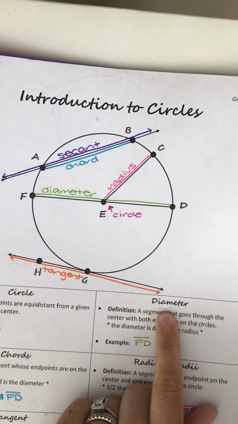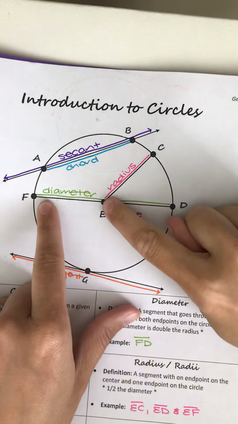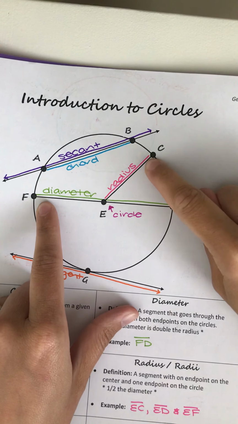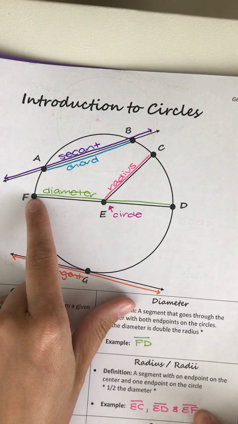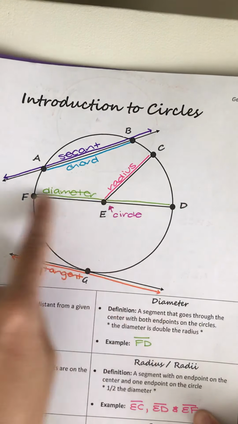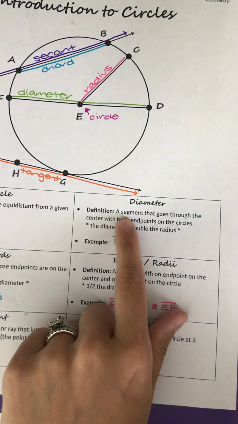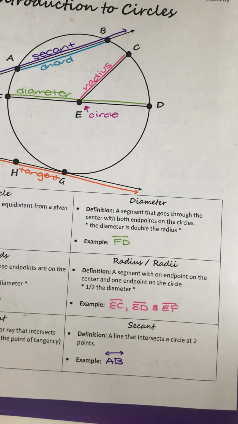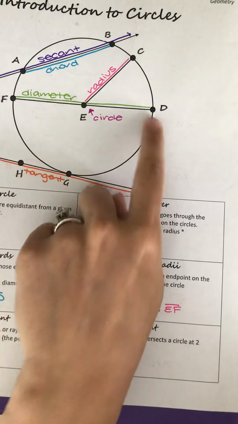The words that you should know are diameter and radius. Radius goes from the center to the side of the circle, whereas diameter goes from one end to the other, cutting through that center. A diameter is a segment that goes through the center with both endpoints on the circle. So it's important that it goes through the center.